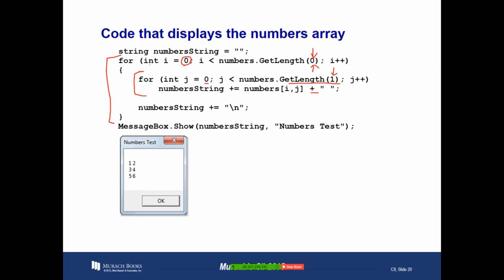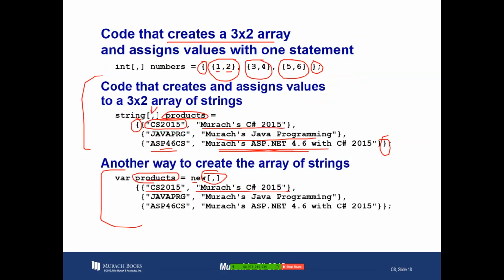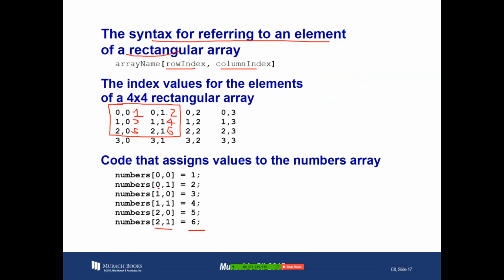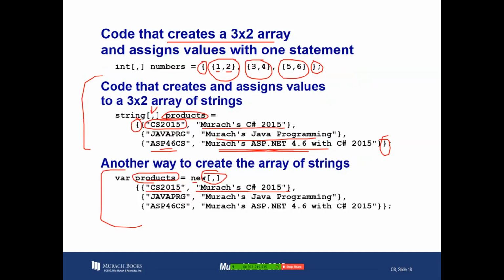But after we're done with the columns, we throw in the new line, so there's going to be a new line after each row. This loops through the columns. This loops through the rows, and so that's why we end up with this. So these are the first column, the second column, and the third column. And these numbers, of course, were initialized back here.